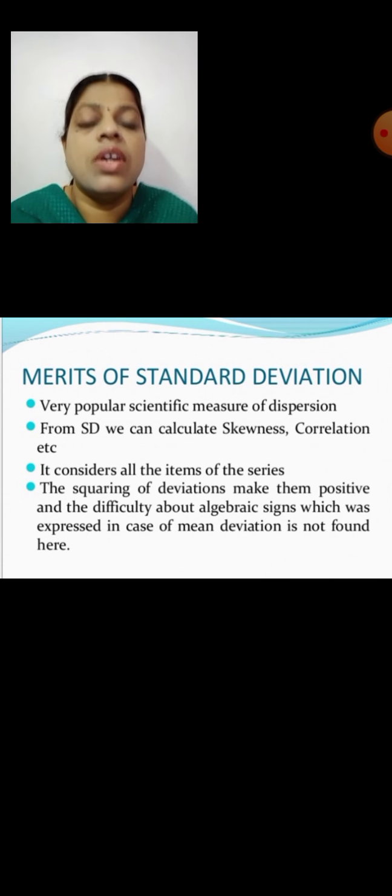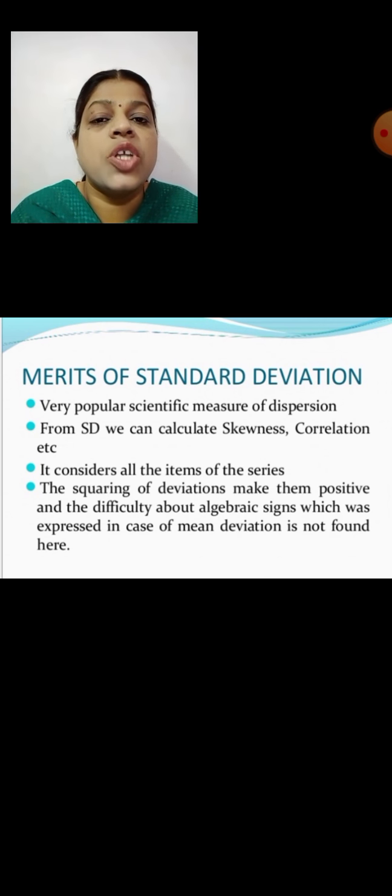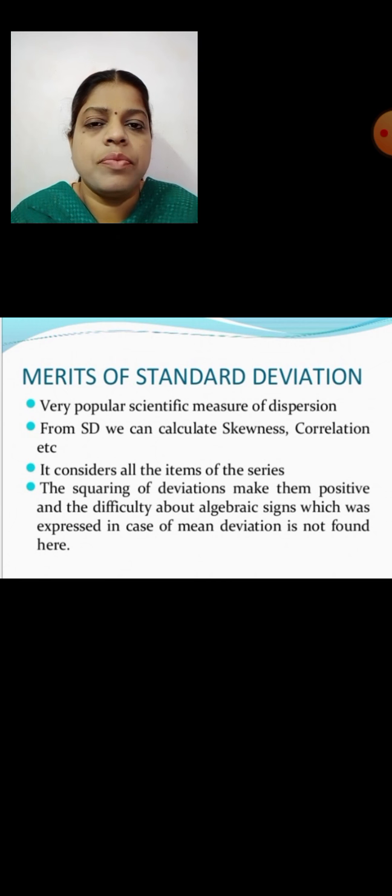The next one: what are the merits of standard deviation? It is a very popular scientific measure of dispersion. From the standard deviation, we can measure skewness, correlation, etc. And it considers all items of the series.